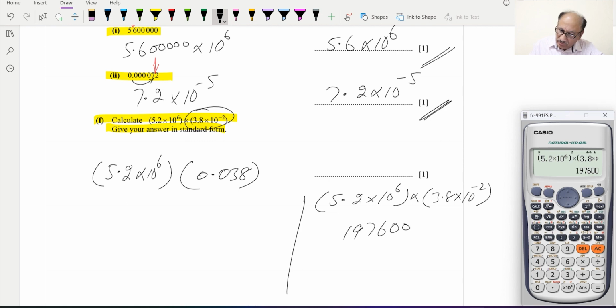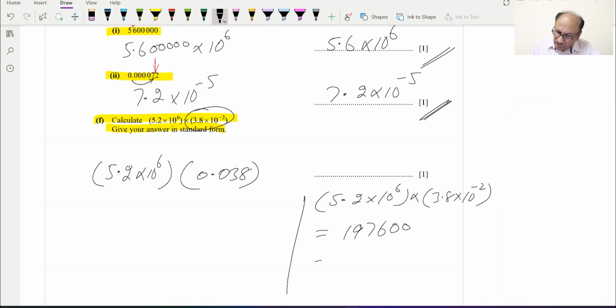You can now convert this into standard form. The decimal should be in between 1 and 9, so it will be 1.976. And how many jumps will we take? It will be 1 2 3 4 5 jumps, so you can write 10 raised to the power 5. So this will be the answer.